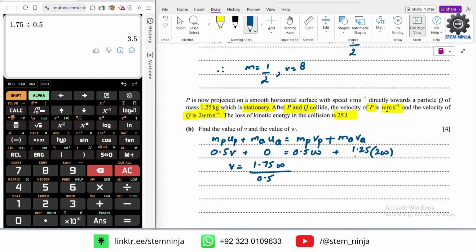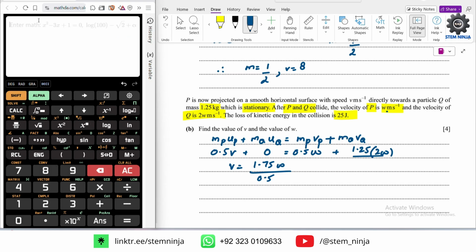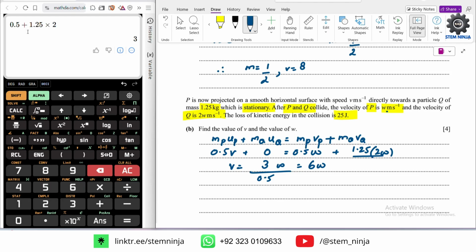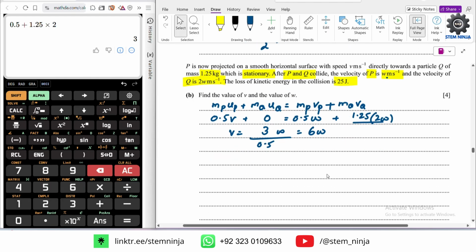No, sorry. This is 1.25 times by 2, sorry. 0.5 plus 1.25 times by 2. This is 3, sorry. 3. So 3 divided by 0.5, we already know that's going to be 6W. Okay, because that's going to be 3 times by 2. Alright, now the loss of kinetic energy in the collisions.